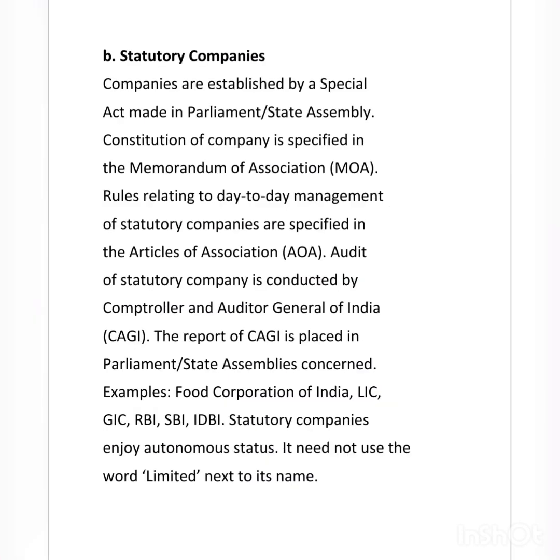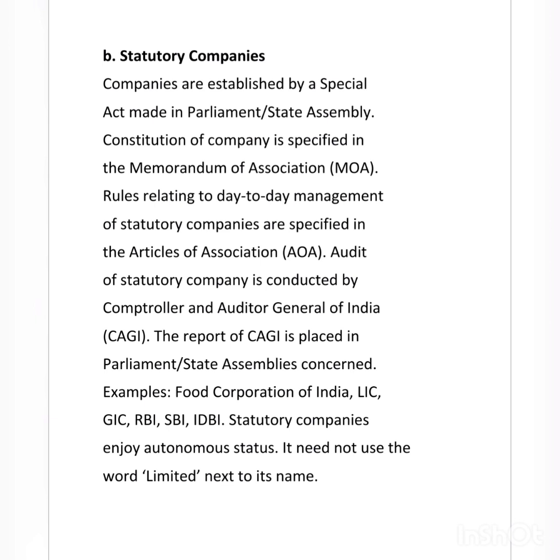Next, we'll move on with statutory companies. Statutory companies are companies which are established by a special act made in the parliament or state assemblies. So, it is specified in Memorandum of Association as well as Articles of Association. The Memorandum of Association deals with constitution of the company and Articles of Association deals with day-to-day management activities related to the statutory companies. So, audit of statutory company is conducted by Comptroller and Auditor General of India.